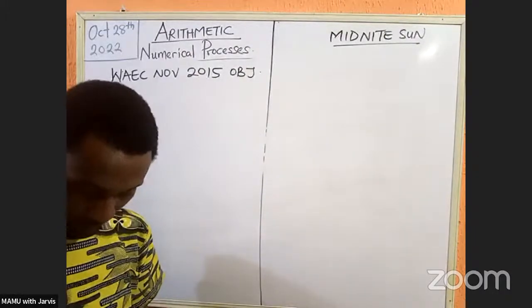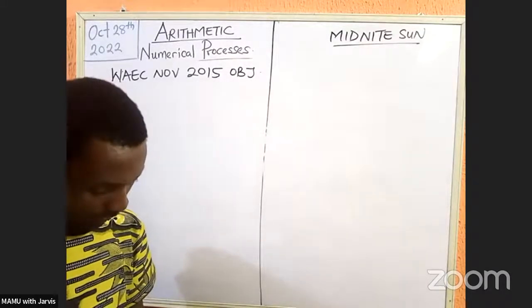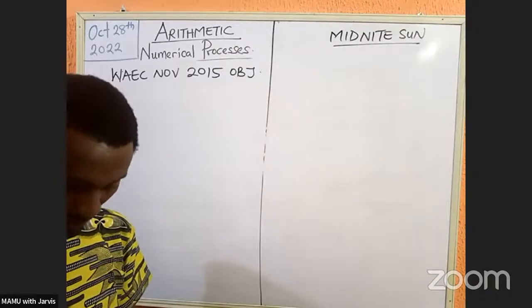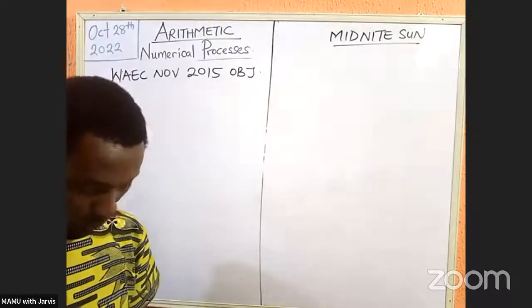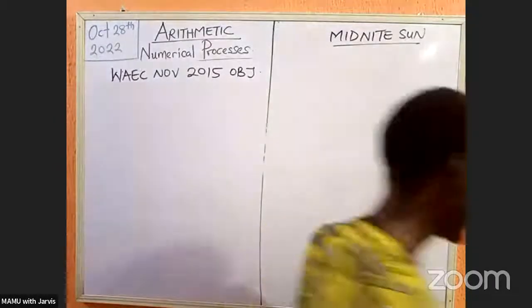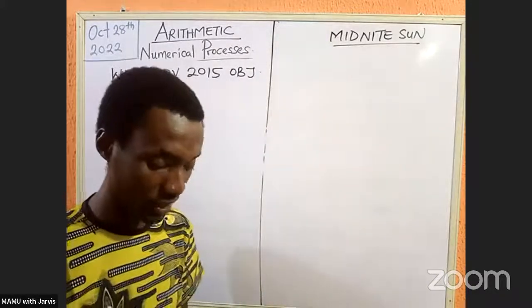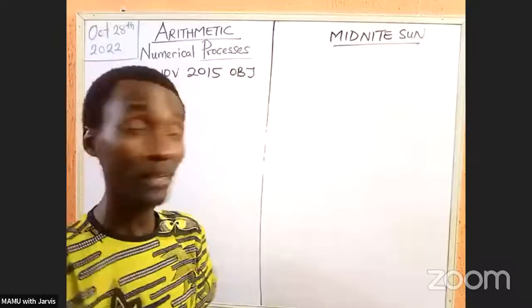From what I can see, there seem not to be any question there. I also will do a separate video on statistics. We don't have any question like that here, so we'll pick the next one, June 2012. Yes, we have one there.